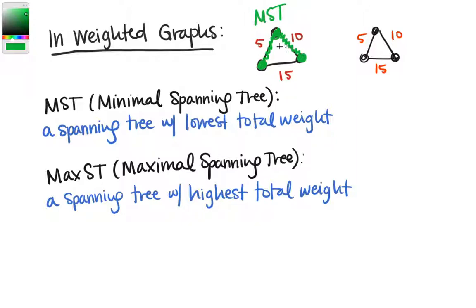Any other pair we choose is going to be higher. So there's a minimal spanning tree. And let's find a max ST in this one. And in an example this simple, we can just say, well, pick the one with the highest weights, 10 and 15. So the total weight on the MST is 15, and the total weight on the max ST is 25. And we'll talk more about that in our next section. That is all for today.